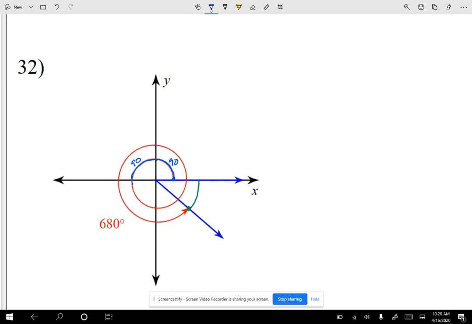That's another 90, another 90, another 90, another 90, another 90, and another 90. So I have, let's see how many 90s I have: 1, 2, 3, 4, 5, 6, 7. 90 times 7 is 630.